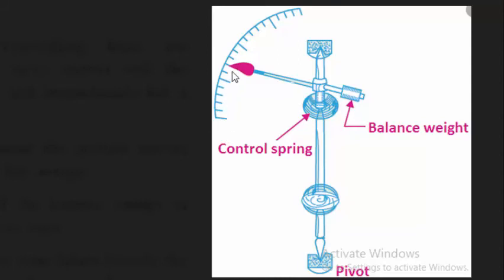If there is a damping torque, it will make the pointer stay in the exact position, that is 0. If there is no damping torque, what will happen? The pointer will keep oscillating beyond the 0 value and the final state value, and you cannot fix the pointer to one definite point.